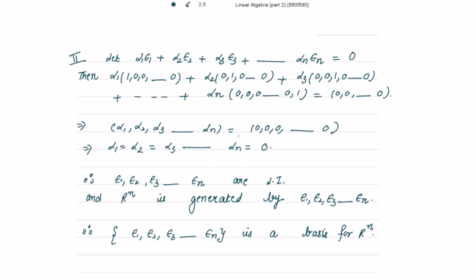So all the scalars are 0, which means epsilon 1, epsilon 2, epsilon 3 up to epsilon n are linearly independent and Rn is generated by these. Therefore, this complete set is a basis for Rn. Right?